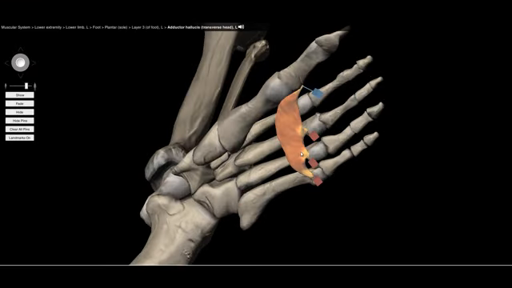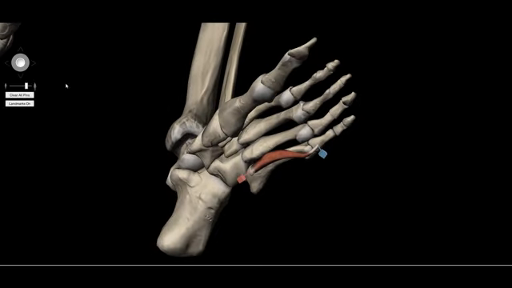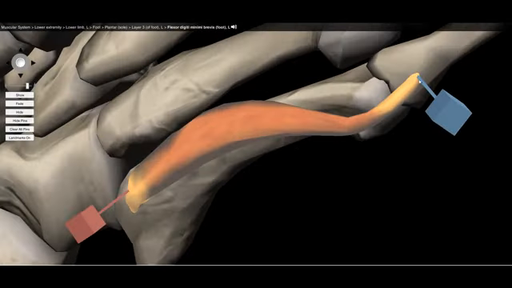So these are both adductors of the great toe. I have a flexor digiti minimi brevis, okay, responsible for flexion of the fifth toe.